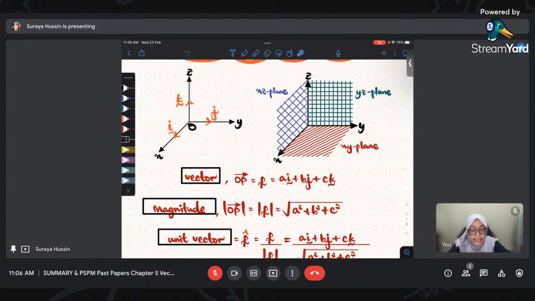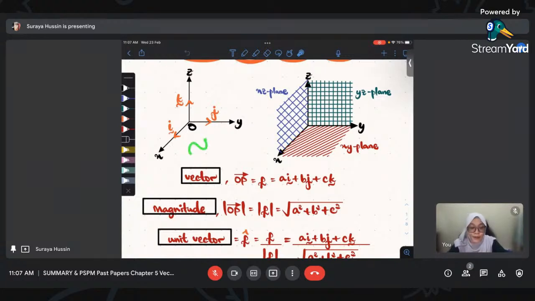Jadi kalau dia ada 3 dimension, meaning cara penulisan pun ada 3, which is the direction of huruf I, the direction of huruf J, and also the direction of huruf K. Dia menggunakan I, J, K with this symbol. What is this called?